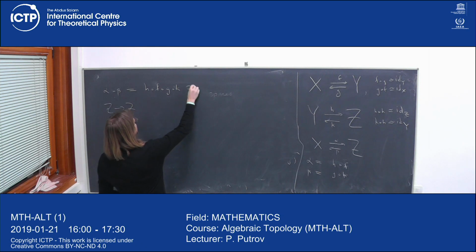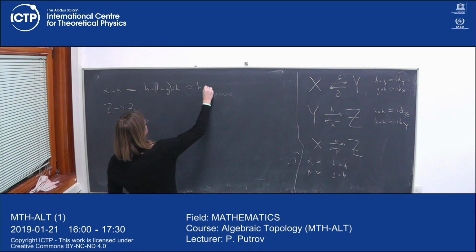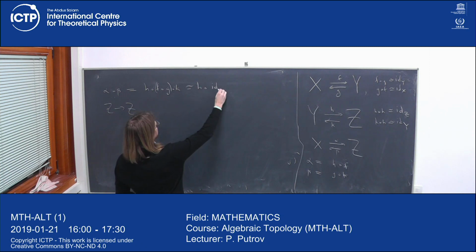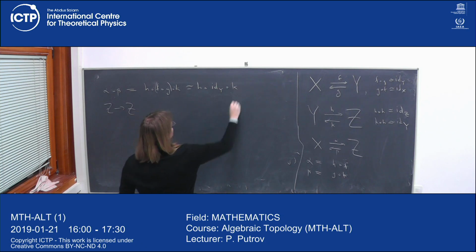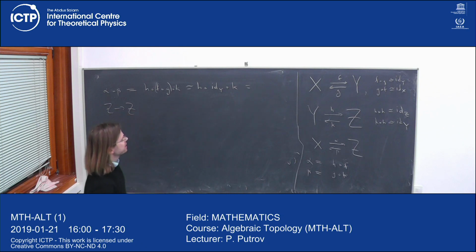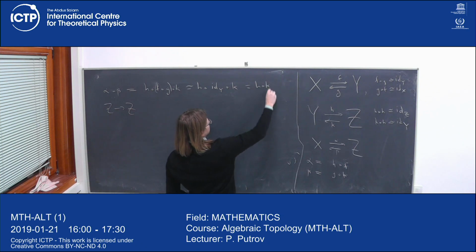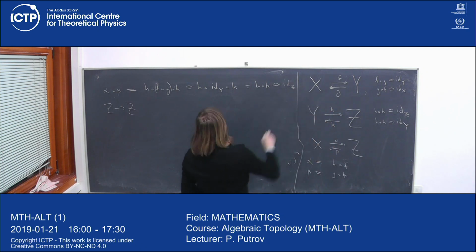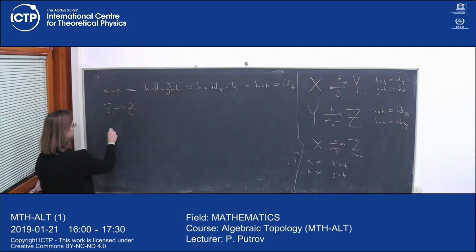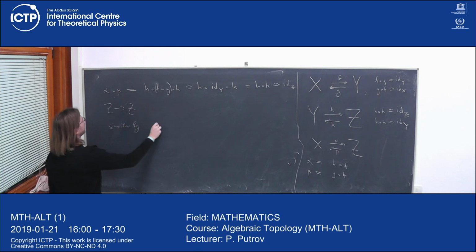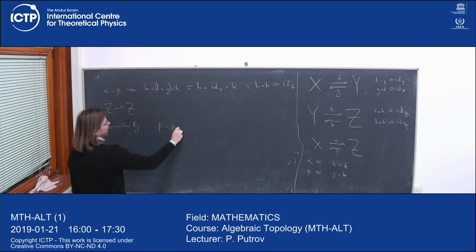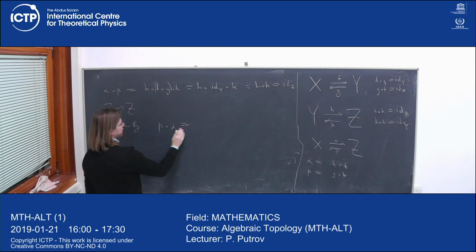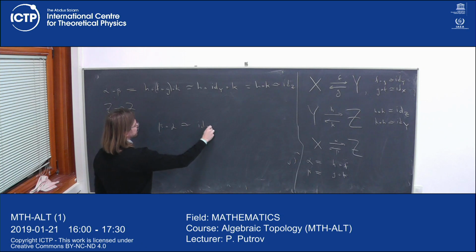So this is homotopic to H identity Y. Since this is identity, I can just get rid of it. I do the composition of H and K, and I use this fact, that this is homotopic to identity. So similarly, this composition will be homotopic to identity on X.